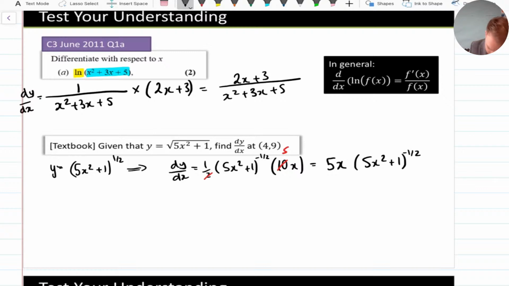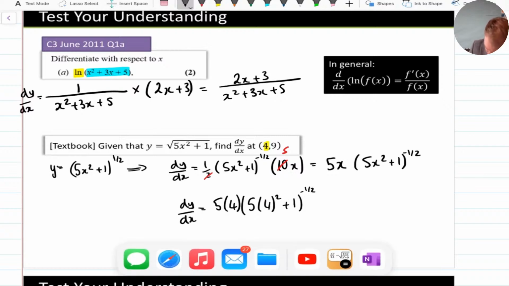Now it says find dy by dx at 4, 9. So the only thing I really need to know there is the 4. So I'm going to sub that in. So dy by dx is equal to 5 times by 4 times by 5 times by 4 squared plus 1 all to the power of minus a half. Let's get that up.